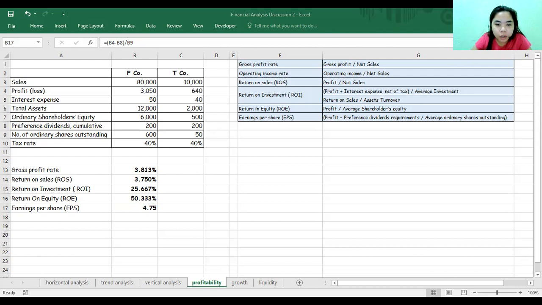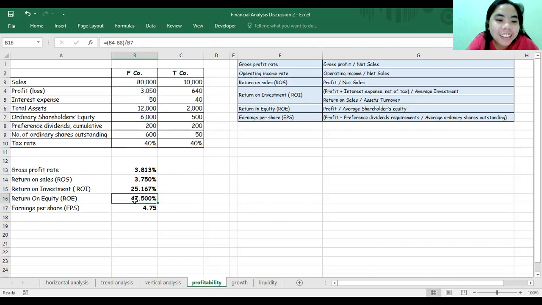Let's see return on equity. Plus minus. Profit less preference dividends. The interest is 200.